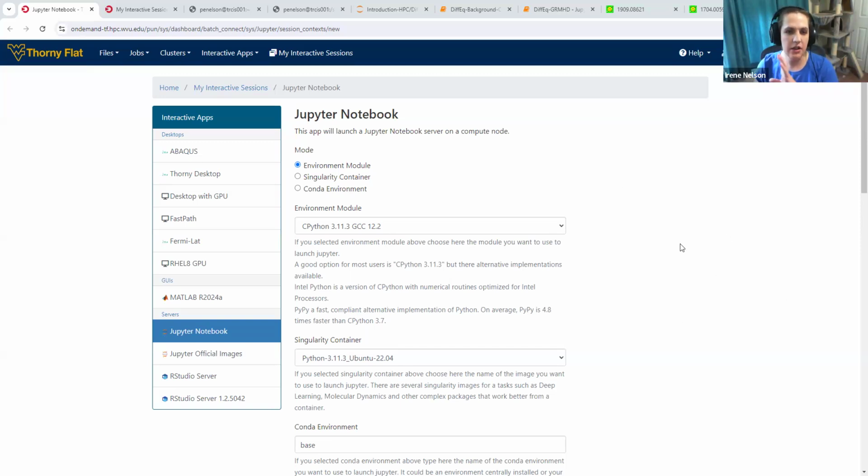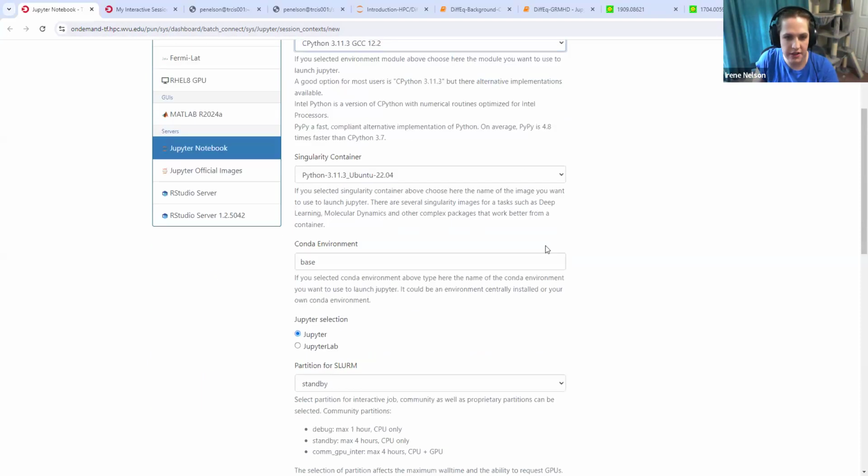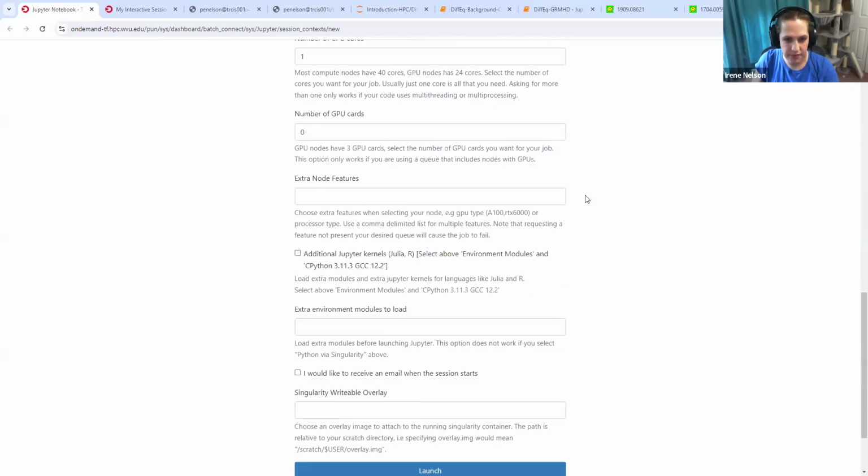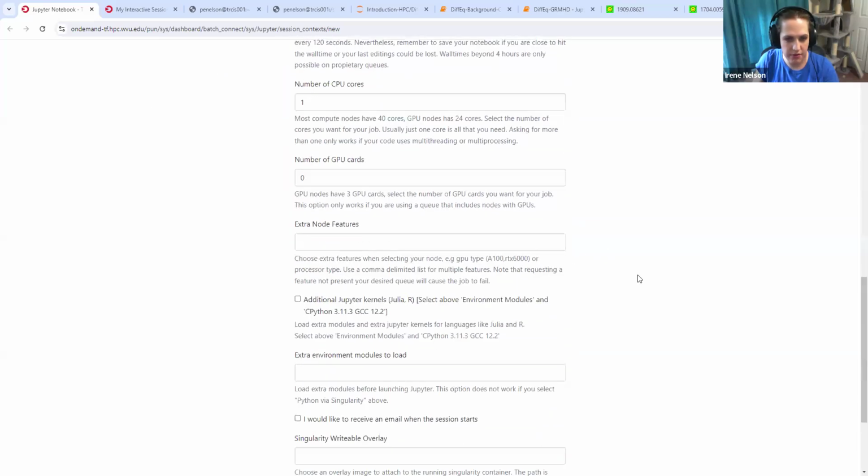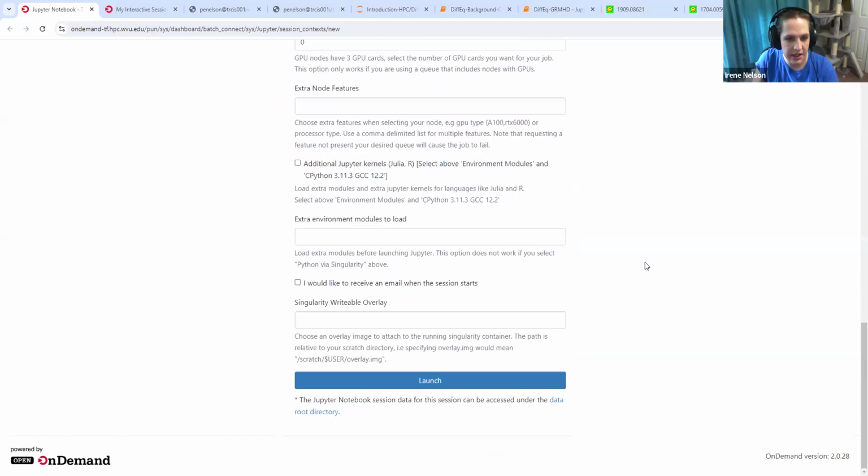Starting here, most of the stuff is in a Jupyter notebook. So once again, you can start a session interactively with the on-demand website. Starting a job will look like this. You can just use an environment module, the most recent version of Python. Standby queue, wall time of however many hours you need.